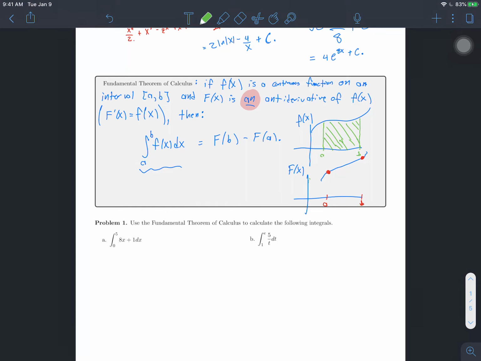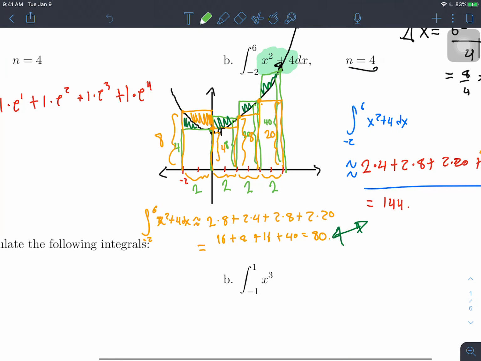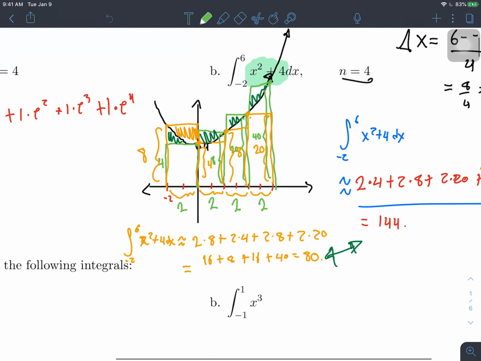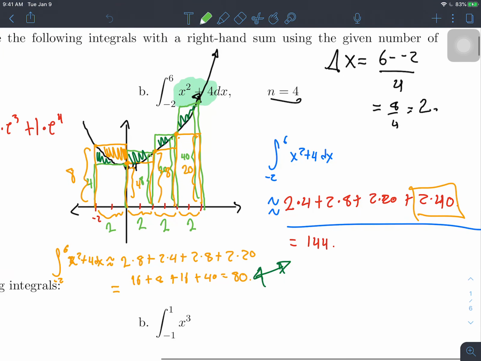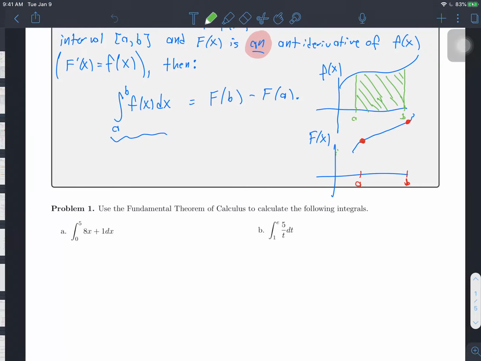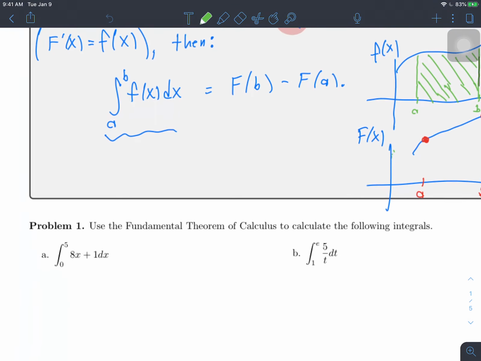Okay, so let's see this in action. I already went back to these notes and tried to show you how inelegant this method is that we were using before. And now you're going to see how amazing this method is on these problems here.